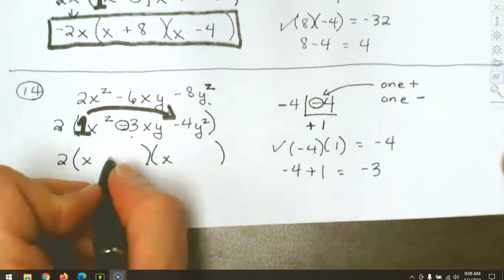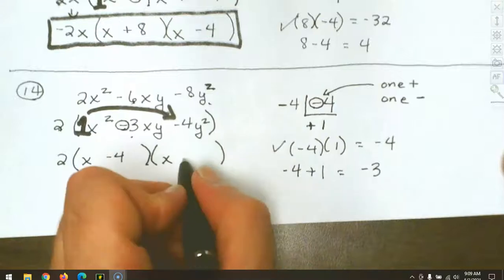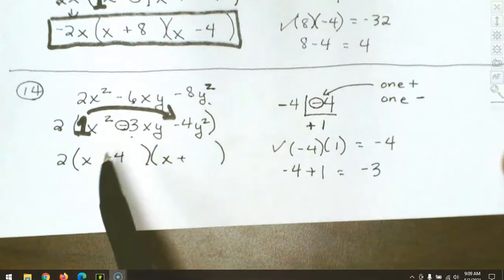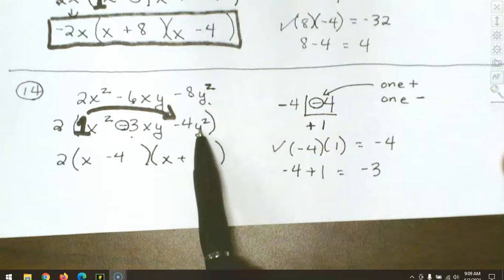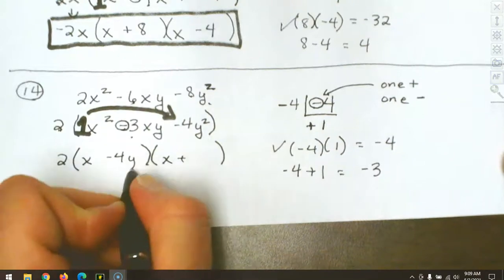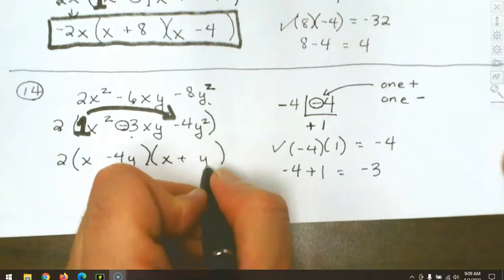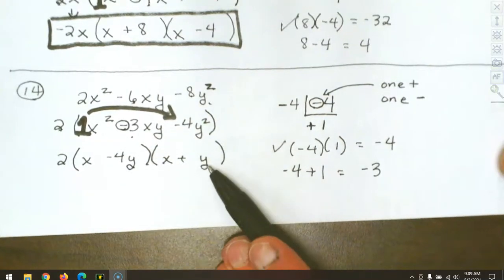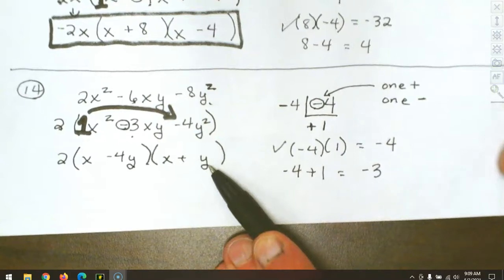And then we've got a minus 4 and a positive 1. We don't have to write the 1 because what's our ending variable? Ending variable is y squared. So we can split that up as y and y. And you could put the 1 there, but it's not necessary because we have the y to go with it already. That is your final, factored, finished answer.